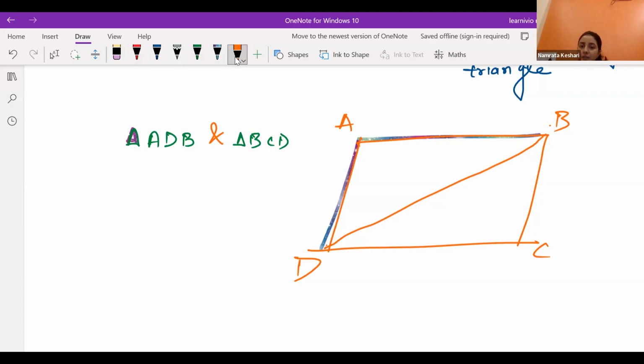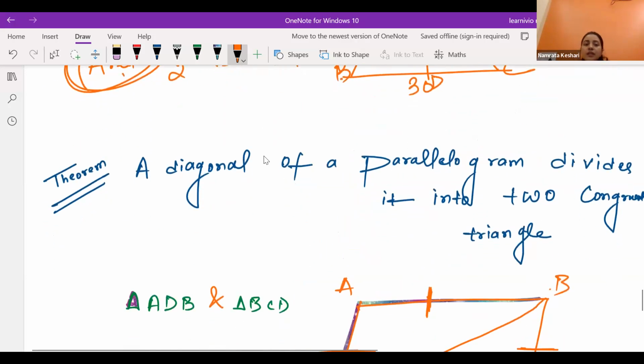If we are saying that this side AB is equal to CD, okay, AB side and CD side are equal. Similarly, AD side and BC side are equal since it's a parallelogram, okay, and there is a common side. So we can say, yes, these two triangles are congruent with each other, and hence the theorem, the diagonal of a parallelogram divides it into two congruent triangles. Can we say that?